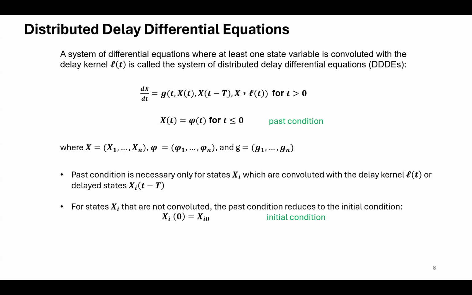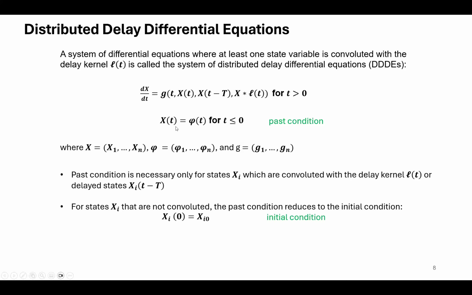So to be able to explain the additional features that are necessary in coding of those distributed delays, I really need to provide some basics, at least in the notation, and some features of the distributed delay equation. So I just presented you with this general structure of the distributed delay differential equation.